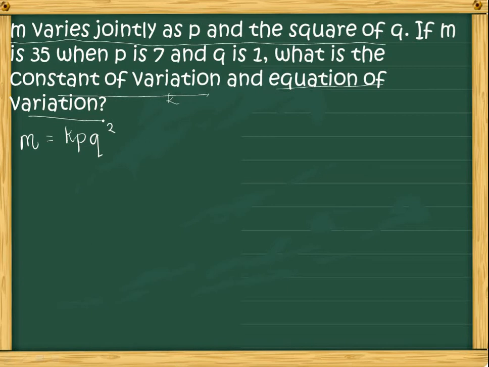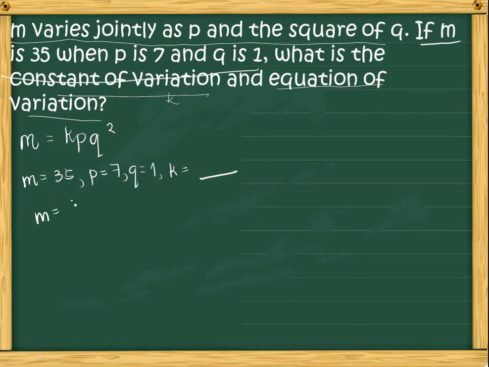Now, let's use the second statement to find the value of K. If M is equal to 35 when P is equal to 7 and Q is equal to 1, take note that the second statement is used to find the constant of variation or K. So, let's use the equation.